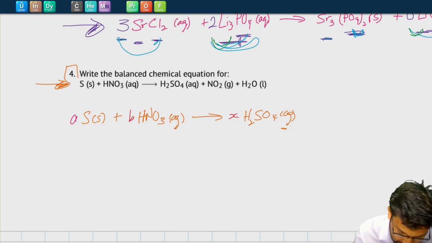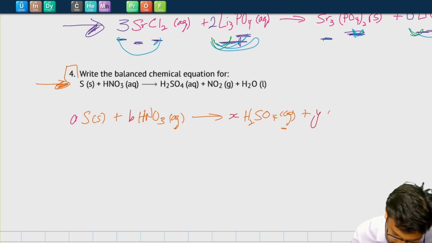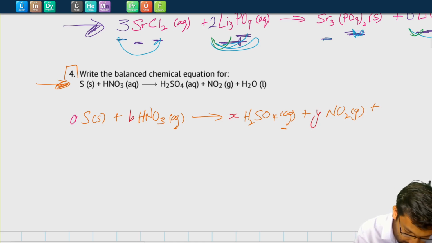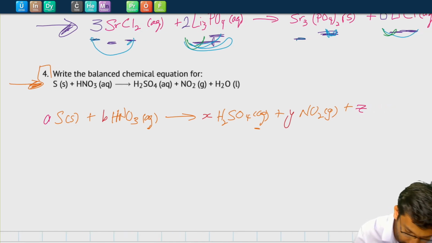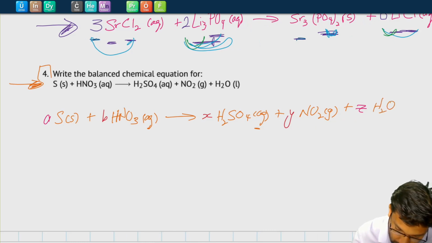Remember, always write your state symbols. Plus y number of NO2 gas, nitrogen dioxide gas, plus, let's call this z number of water, H2O, liquid.